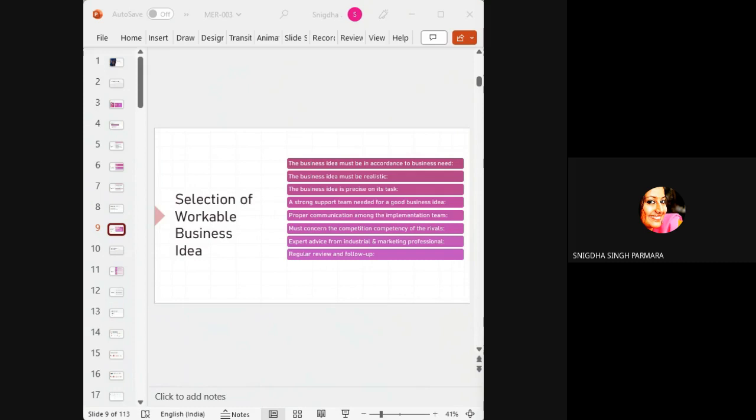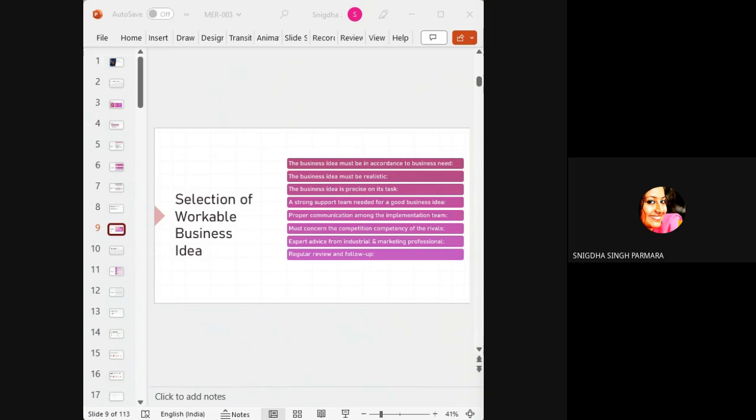The business idea must be realistic. While you're collecting sources of business idea, it is quite possible that you will get a lot of ideas which do not even sound realistic for you. So it is important that you consider only such business ideas which are workable for you, which are realistic for you, which are based on realism, which can be implemented in actual.